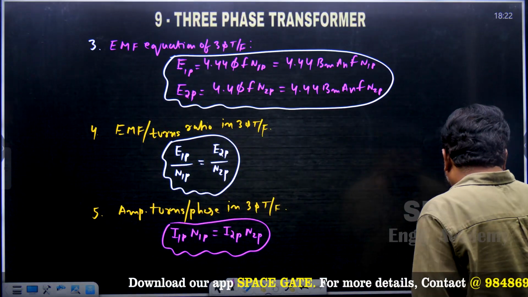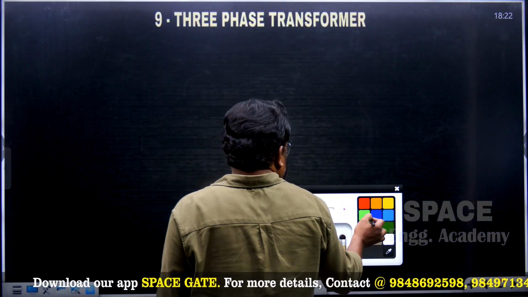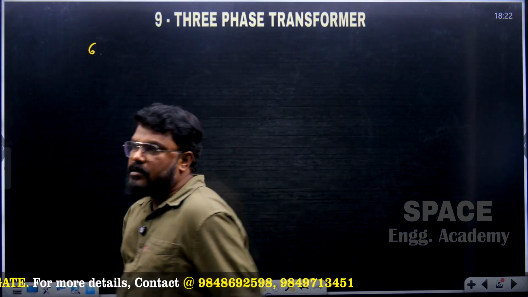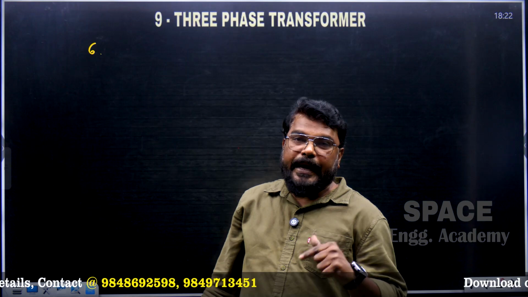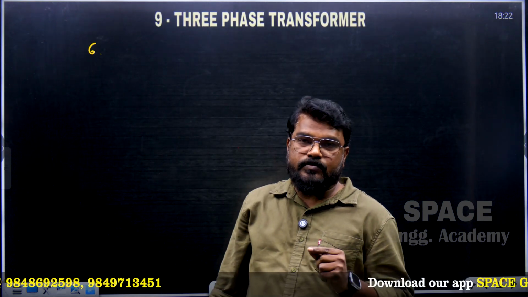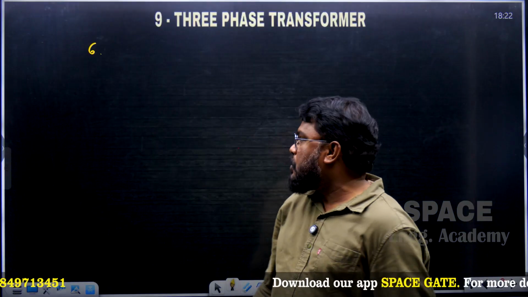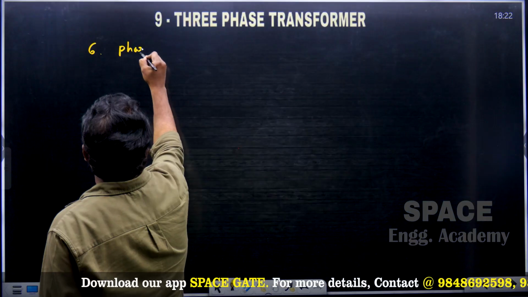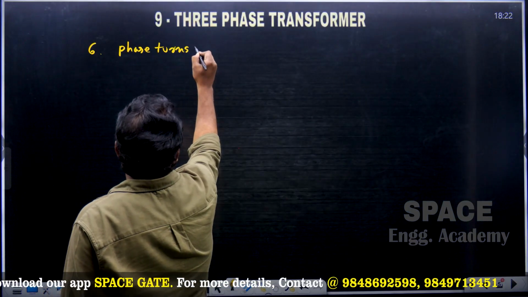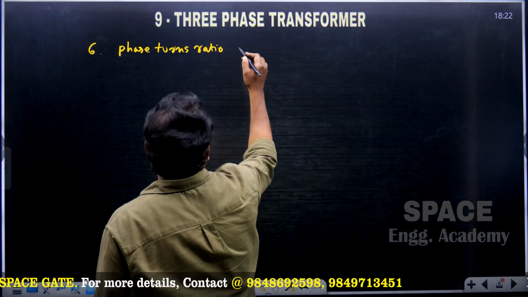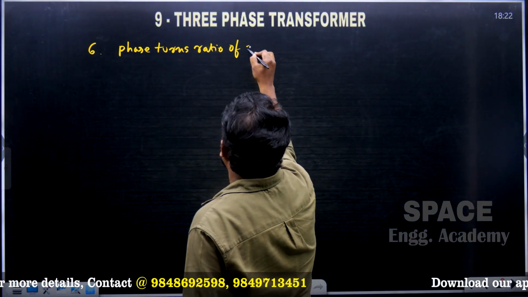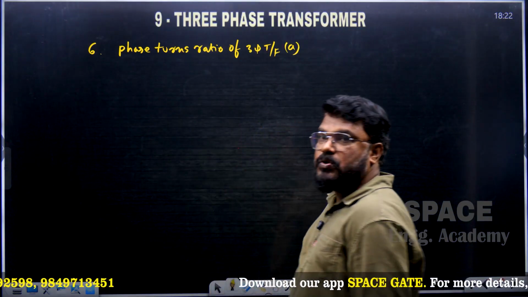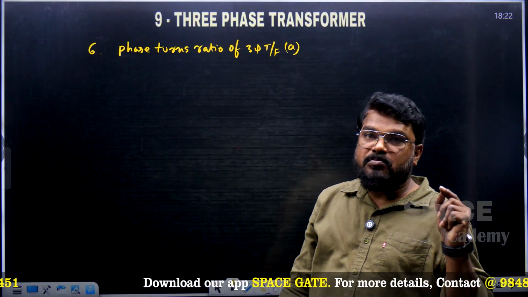And the next possibility of the question, the sixth one: how do we calculate the phase turns ratio of a three-phase transformer and the line turns ratio of a three-phase transformer? The phase turns ratio of a three-phase transformer is denoted by small a.